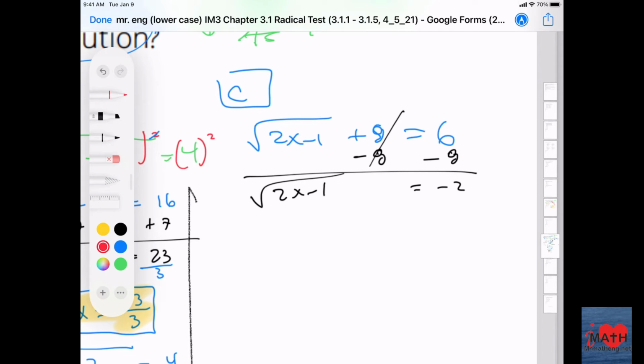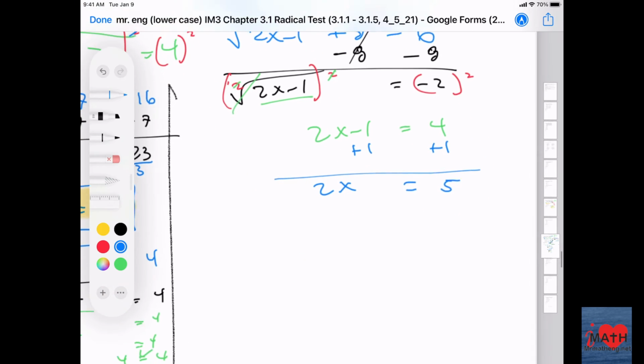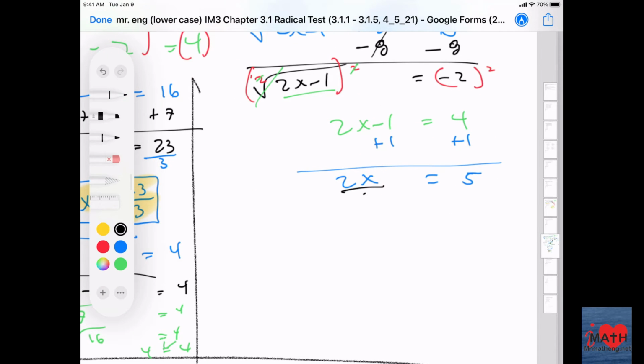I'm just going to use the index or root. So we're going to square both sides. And then we're going to get cancels, cancels, cancels. You're left with just 2x minus 1 equals 4. Add 1, I get 2x equals 5. And divide by 2, you're going to get x equals 5 halves.